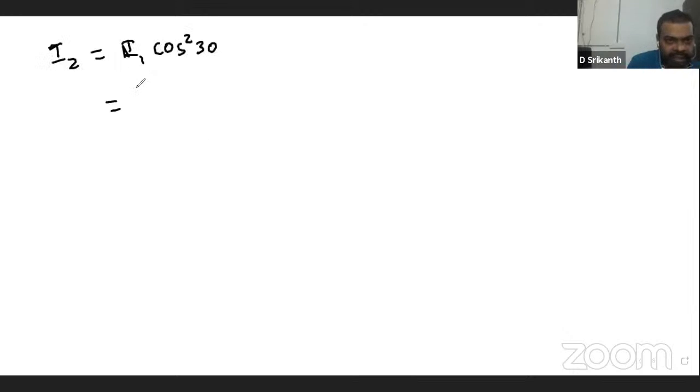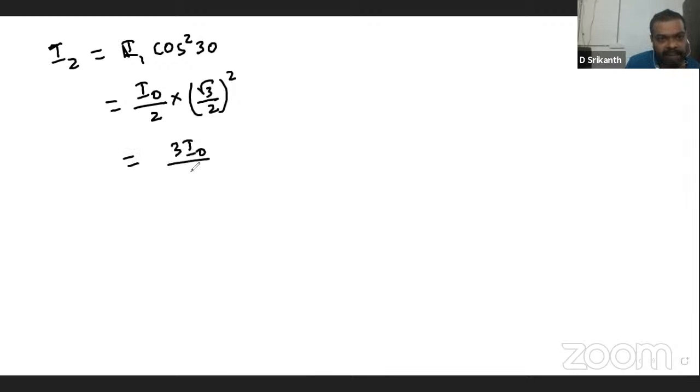So we can write it as I naught by 2 times root 3 by 2 whole square. That is 3 I naught by 8. This is the intensity of emitted light from the second polarizer.